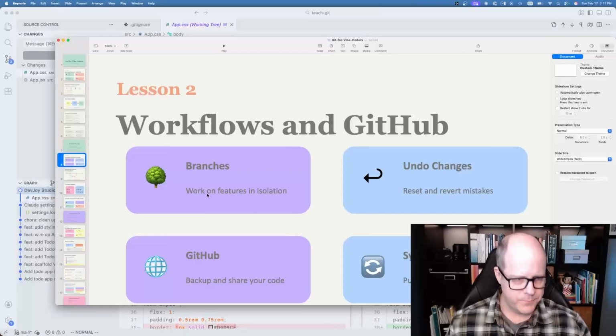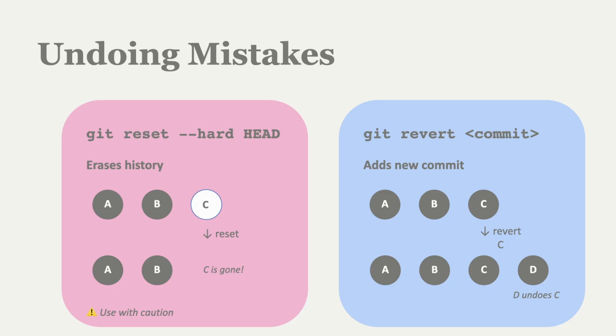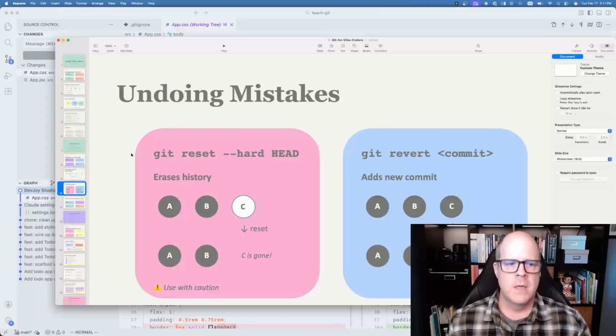All right. So let's talk about, I don't want to start with branches, even though that's how I set up my slides. I want to start with reset and revert. So let's go check that out. So here we are going to look at two different commands, two different ways of undoing mistakes. We have git reset and we have git revert, and those work in two different ways.